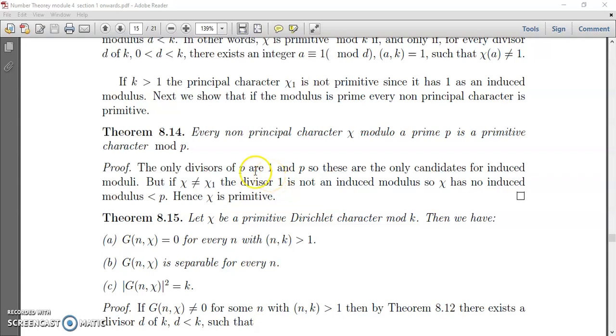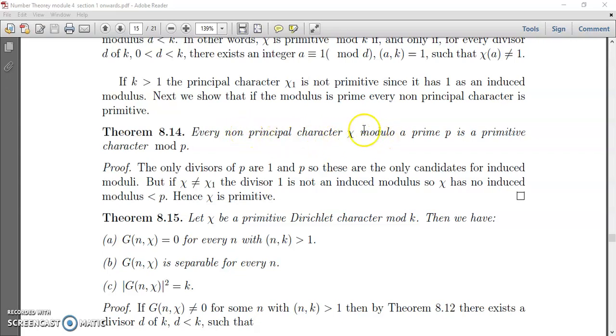So here such a candidate is only one. But one is not an induced modulus, because if one is an induced modulus, then that character will be the principal character. But here we are taking non-principal characters.